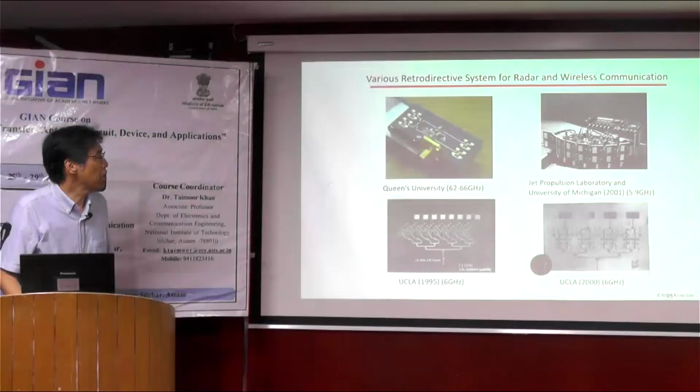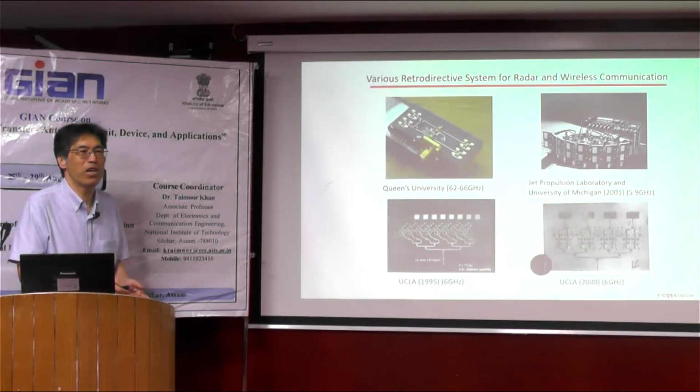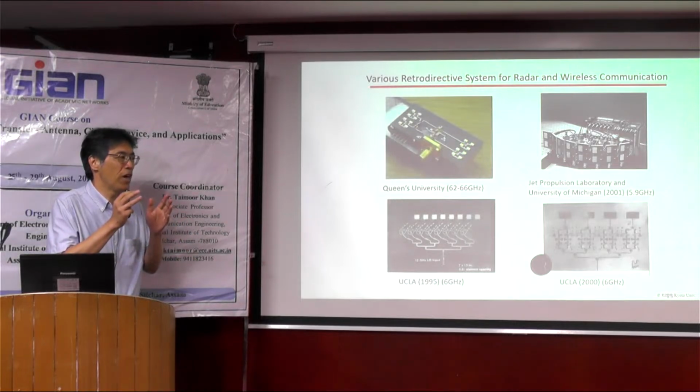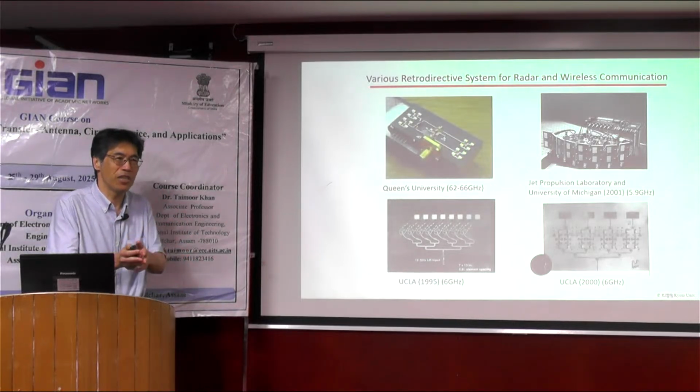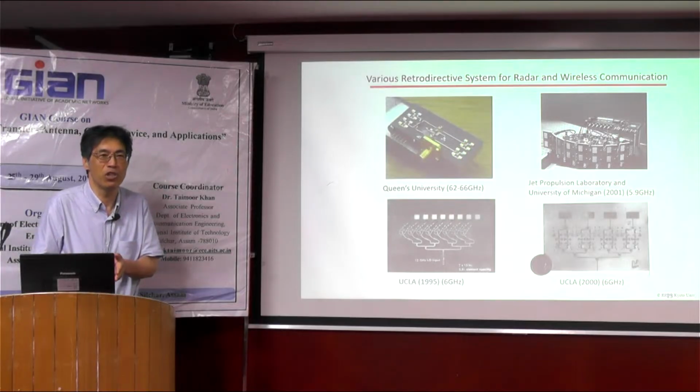And the retrodirective system was originally not for wireless power transfer, but for wireless communication systems. Because if we have a retrodirective system, the radio wave beam chases the user. It means we can develop a very secret wireless communication system.